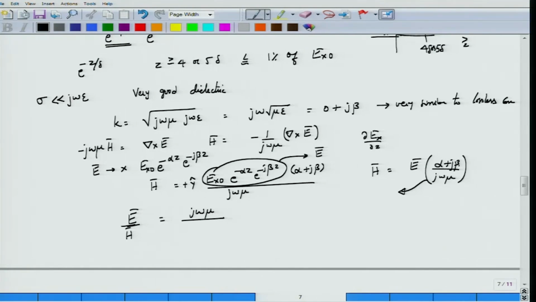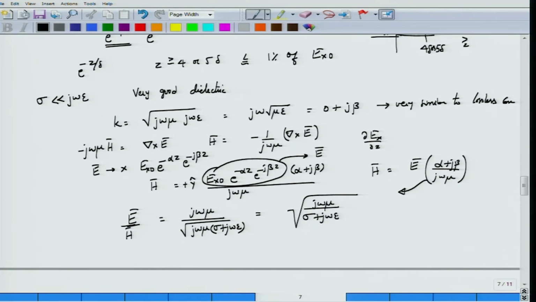Alpha plus j beta is nothing but k, and k is nothing but square root of j omega mu into sigma plus j omega epsilon, and this can be further simplified and written with j omega mu in the numerator, the whole square root, divided by sigma plus j omega epsilon.